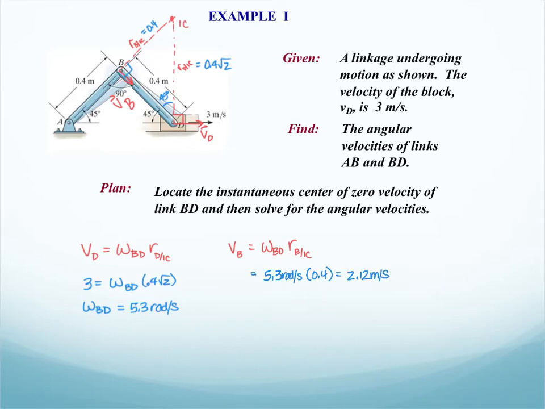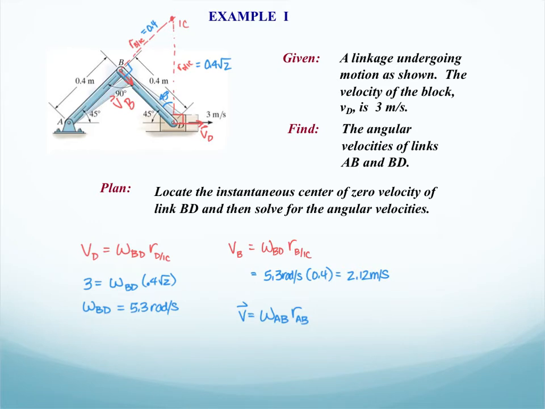Now I also notice that the velocity of B could also be written as the angular velocity of the piece AB times the radius that goes from A to B, because B is a pin, and so it's attached to the two different pieces, the piece AB and the piece BD.